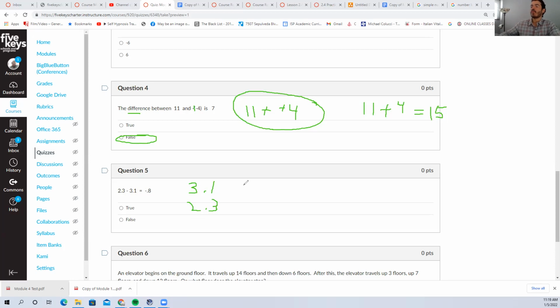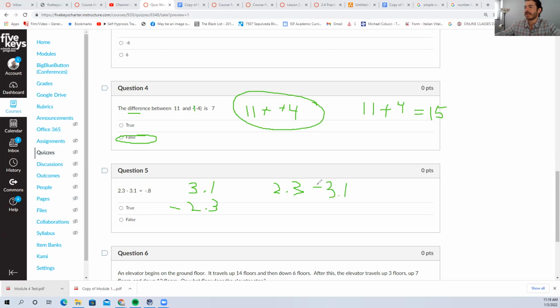Okay, so 3.1 minus 2.3. I'm going to rewrite it a little bit. I'm going to put the bigger number on top and call it a subtraction problem. But before I do that, let's turn it into an addition problem, because that's what we're doing from now on, right? And we're going to do the BOP rule in order to do that.